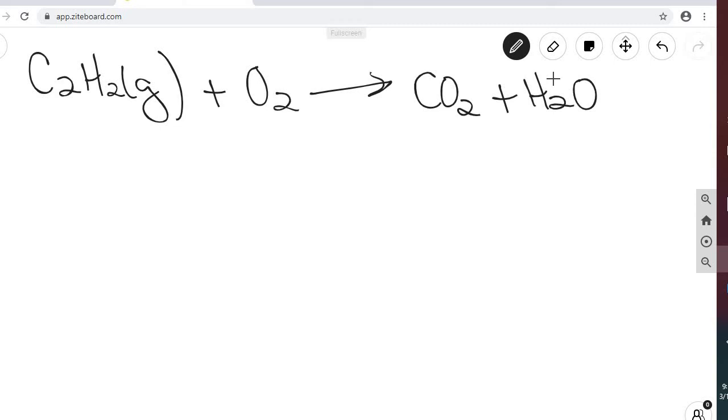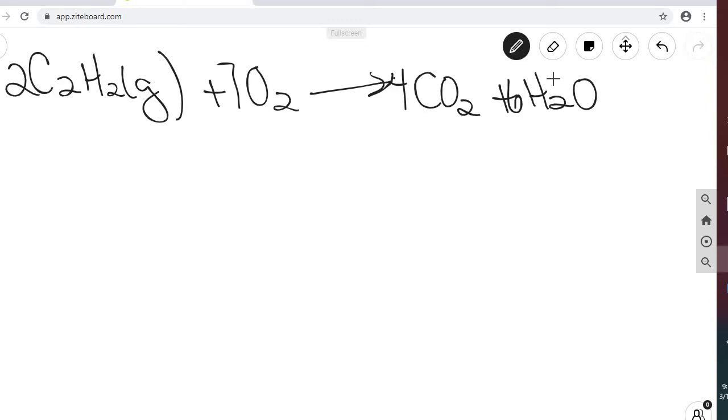Actually, that won't work. If I put a 4 here, and then put a 2 here, 6 waters and 7 O2s. I think that's balanced now.